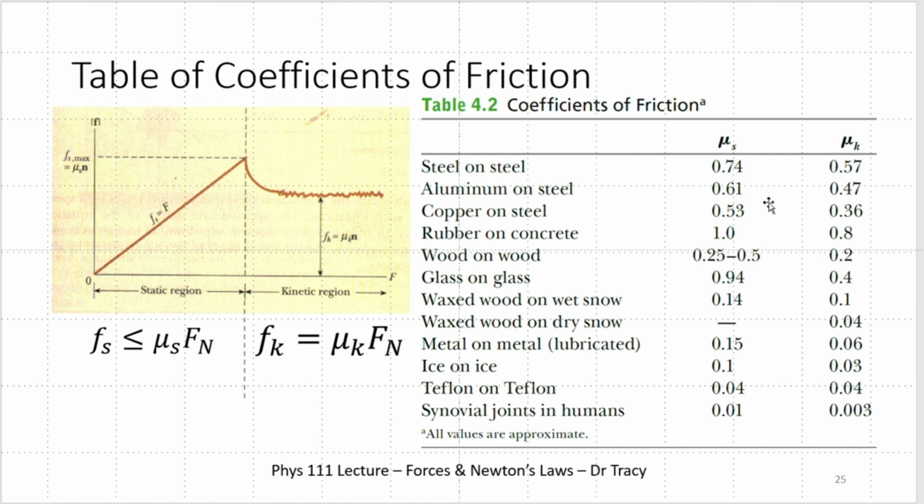Now, some variations, like ice on ice, are going to be a lower relationship, whereas rubber on concrete, you've got a high static coefficient and still relatively high for kinetic, and so forth. So just take a look at this. This will be on your table. Your textbook will have it. You can do just a quick Google search, and there are multiple different tables available for you to review.